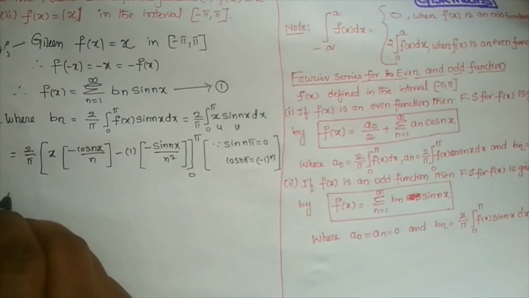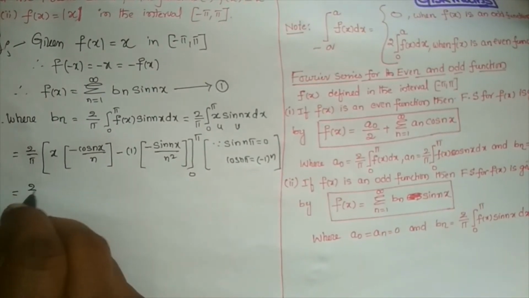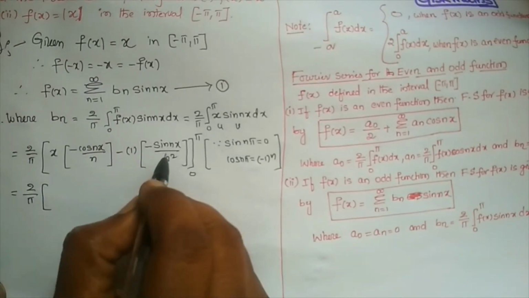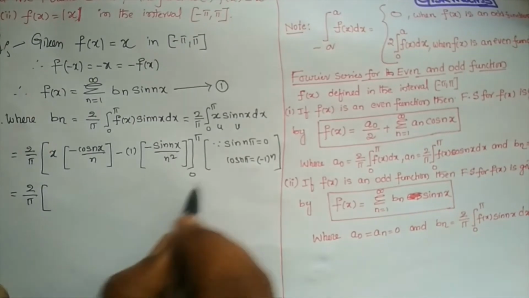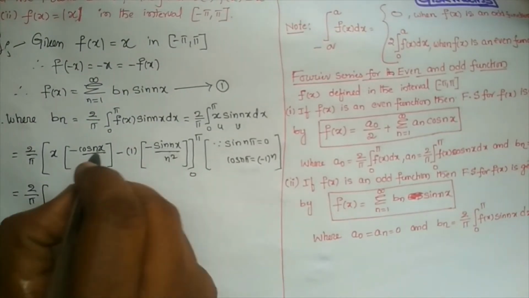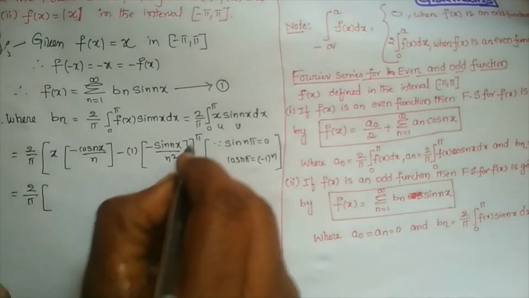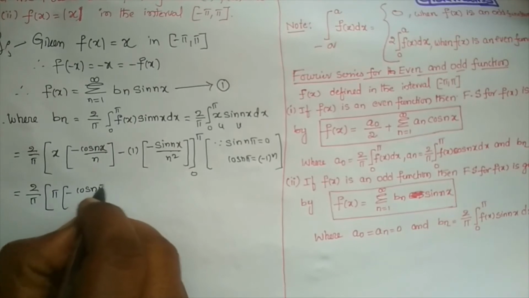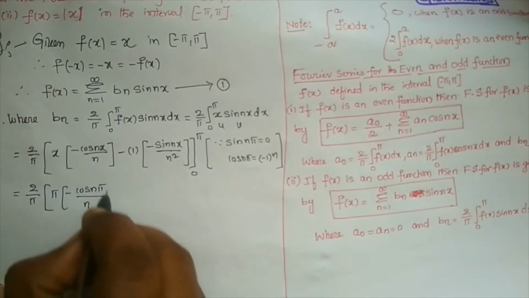So then limit substitution: 2 by pi into, I can neglect this term because for both the limits it will be 0. Sin n pi is 0, and sin 0 is also 0. I can take only this part, cos nx, where the x value is replaced by pi. Pi into minus cos n pi by n.